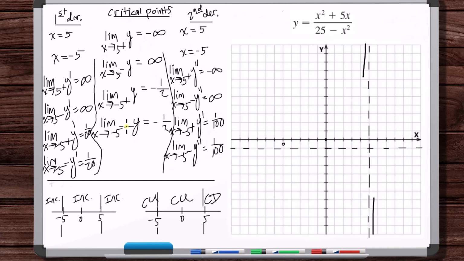It makes sense that coming into this point here, the slope's going to be the same coming from the left and from the right, and so is the concavity. It's just a hole.